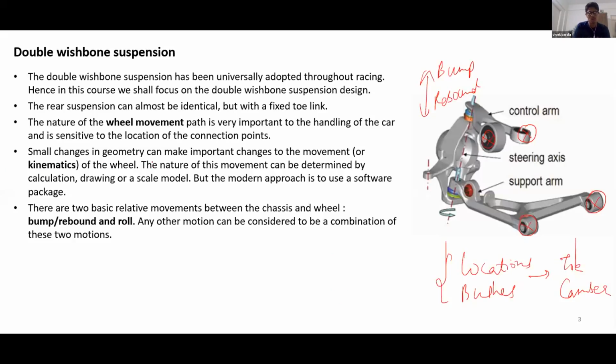So small changes in the geometry can make important changes to the movement of the wheel. So by varying these locations even by a small amount in the X, Y, and Z directions, so by moving each point in different directions, you will be varying the toe and camber behavior of the suspension, and you will be surprised to see how even very little amount of changes would result in significant changes in toe and camber behavior.